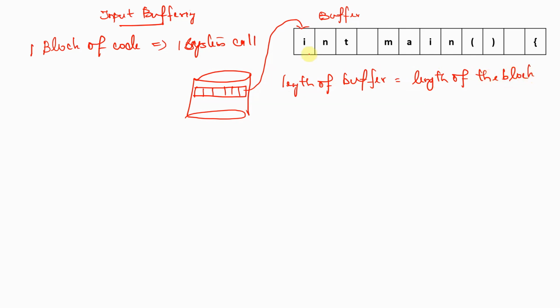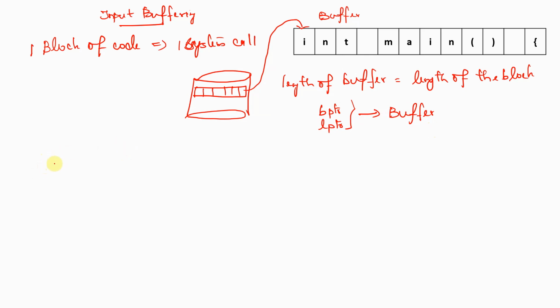Again, in the same way, we have two pointers, our beginning pointer and the look ahead pointer. Both will do the job, but instead of reading characters from the secondary memory, they will now read the characters from the buffer.